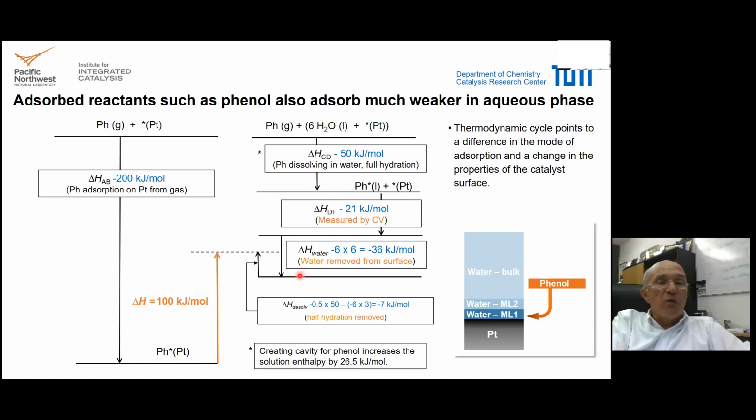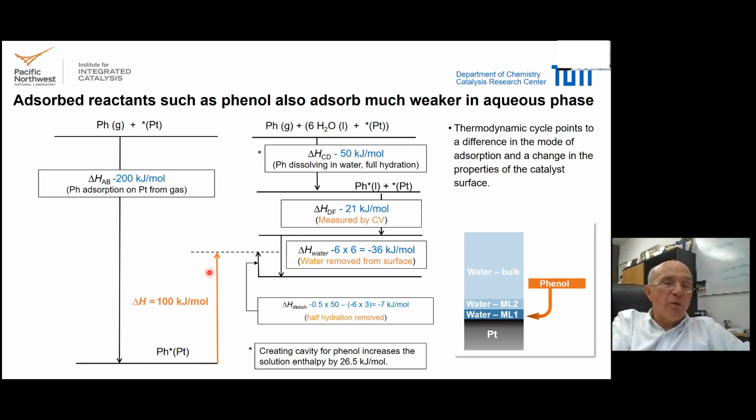We need to remove water from the surface, and that is more water molecules than we had before, because phenol is larger. And we actually need to consider also the hydration and dehydration of that phenol molecule when it's adsorbed before it goes down to that surface. But taking all this into account, there is a huge difference.